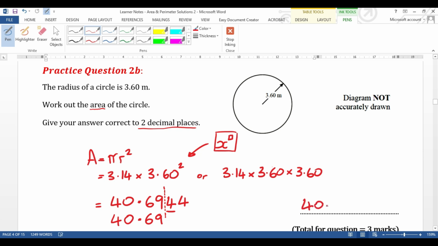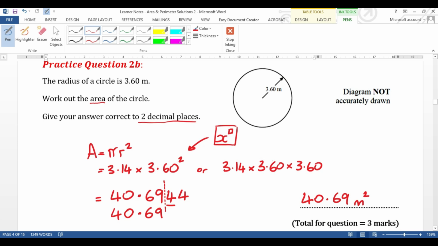So it's going to be 40.69, and they were using meters, and because it's area, that's going to be meters squared. Yep, so again, if you get the units wrong, you would lose a mark, or if you didn't put the units at all, you would lose a mark, so just be careful. But hopefully you should get 40.69 meters squared for your answer.